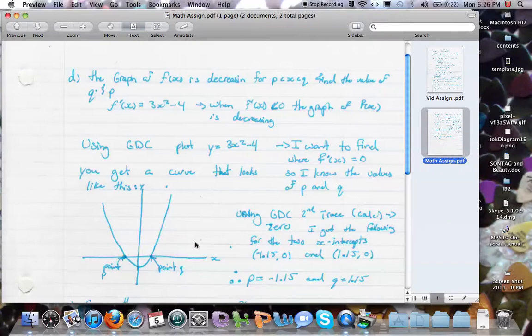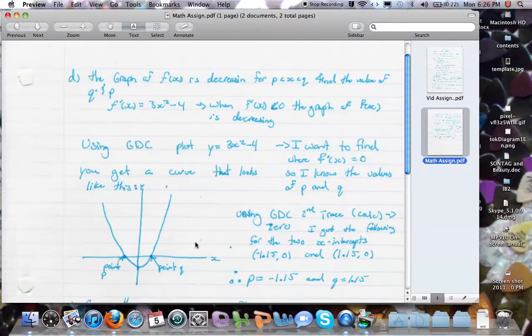So in order to find what these actually are, you again use your GDC, your TI, and you press second and then trace, which is calculate, and you press 2, which is zero.